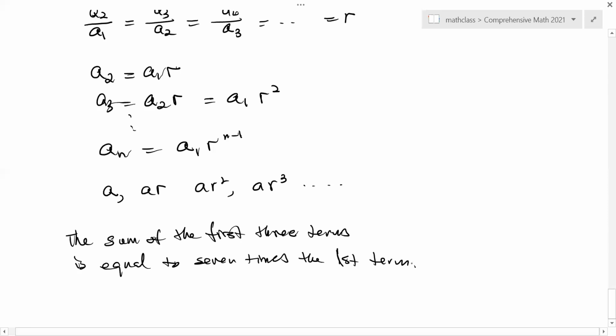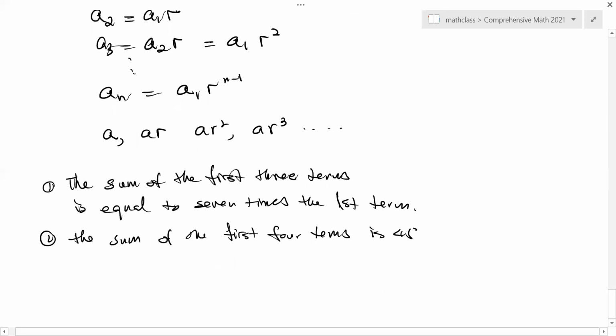That's the first condition. The second condition is the sum of the first four terms is 45. We have to find out the first term of the sequence.